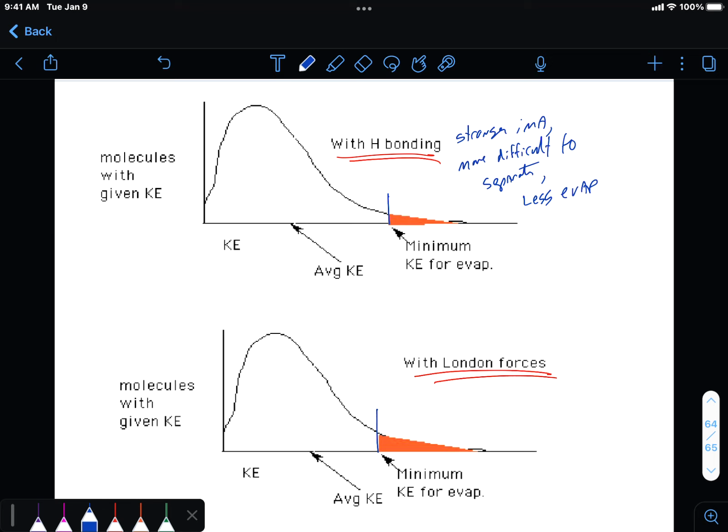The bottom. Weaker attractions, more evaporation, greater vapor pressure.